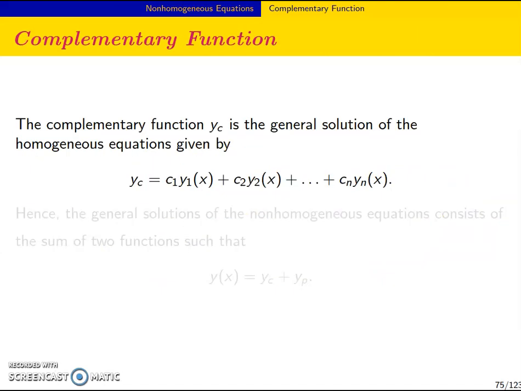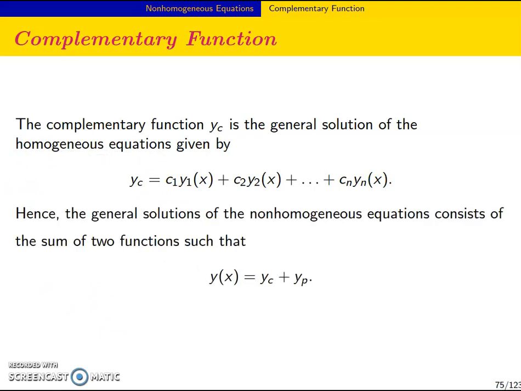So the complementary function is the general solution of the homogeneous equation, like I've explained. But the general solution for non-homogeneous equation consists of the sum of the two functions, so y equals yc plus yp. We know how to find yc, we have already studied this one.